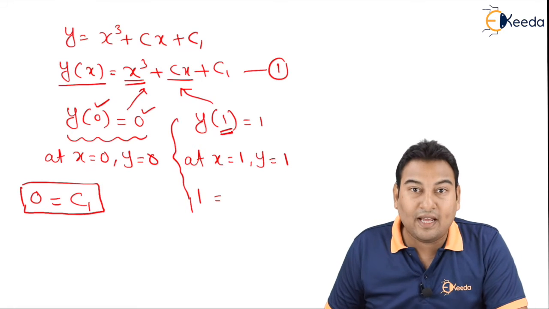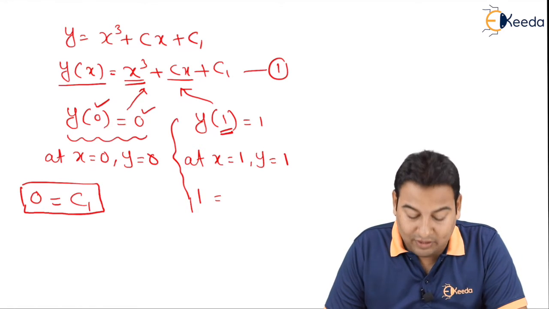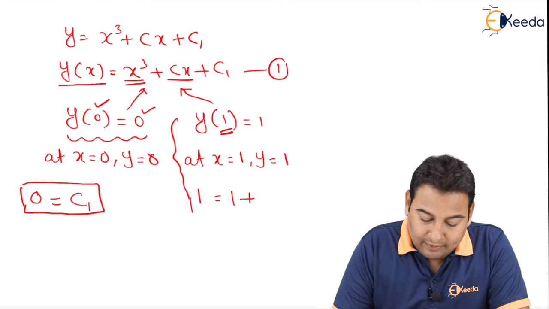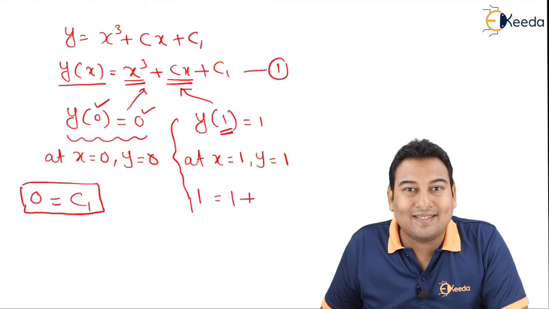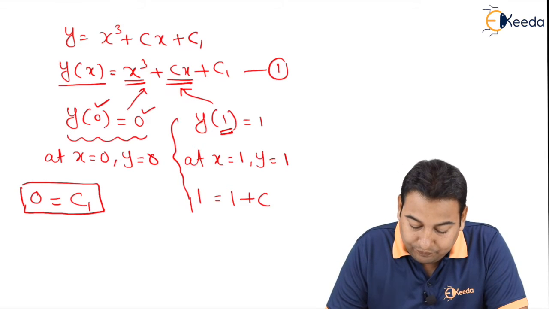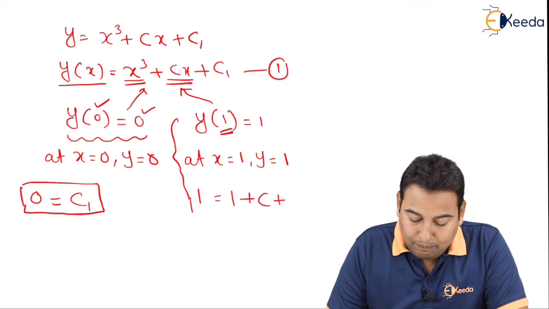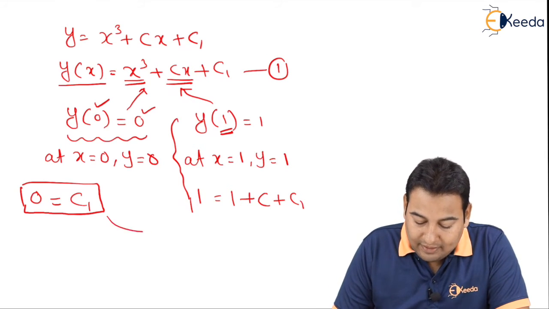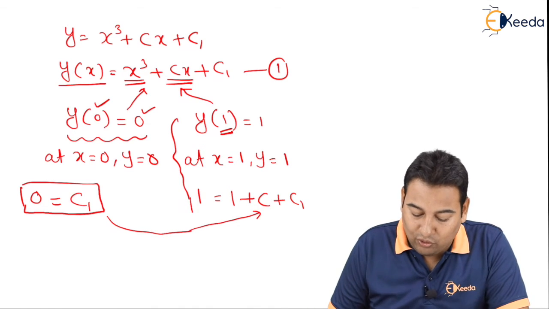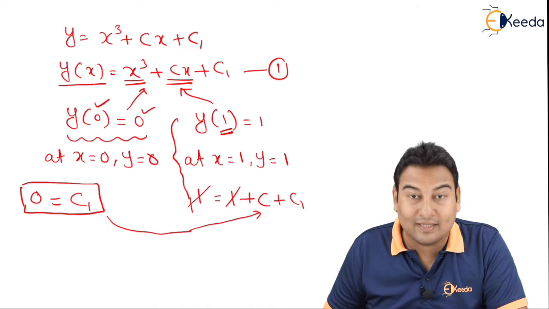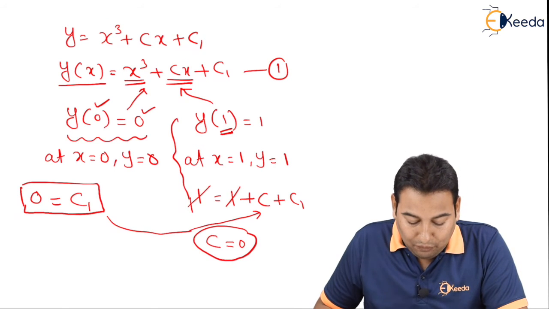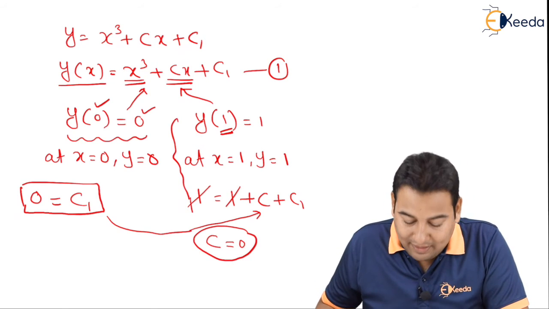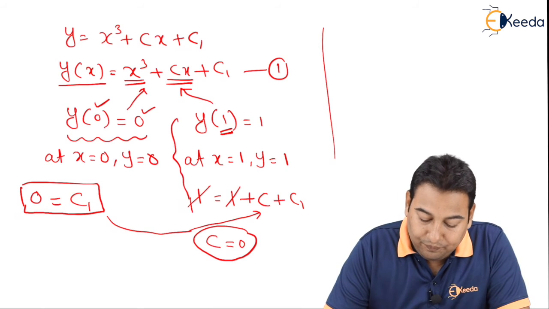Right hand side we do have x cube, that is 1 cube is 1, plus c times x which is 1, so c, plus c1. If I substitute c1 equal to 0 here, the 1 will be cancelled from both the sides, c will be equal to 0. Therefore friends, we got both the values, c1 as 0, c as 0.